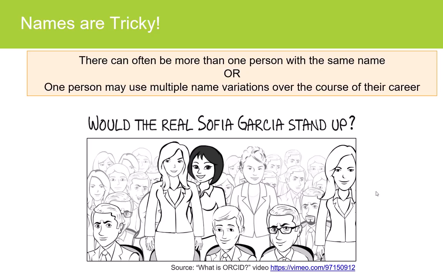In this scenario, they have asked for Sofia Garcia, who is a researcher in the world of dinosaur DNA, and they're asking, would the real Sofia Garcia stand up? And as you can see, there are four people standing up. So you need a way to identify that you are the one that has done this research on dinosaur DNA.